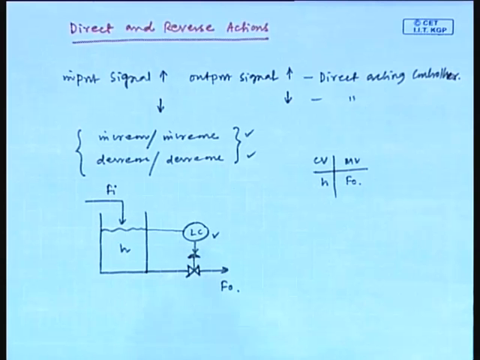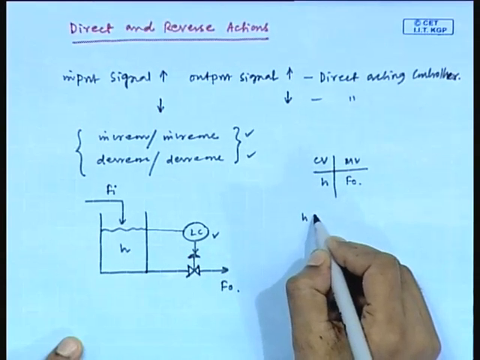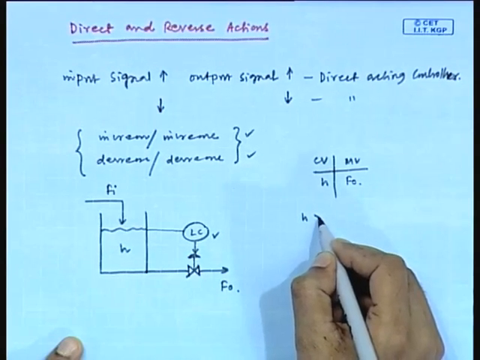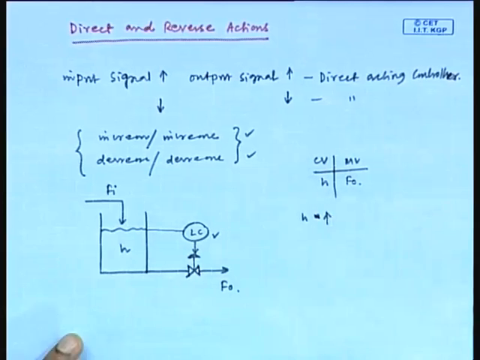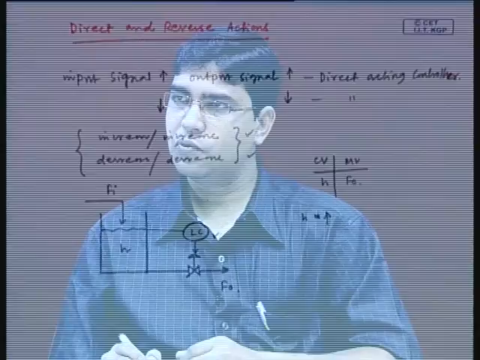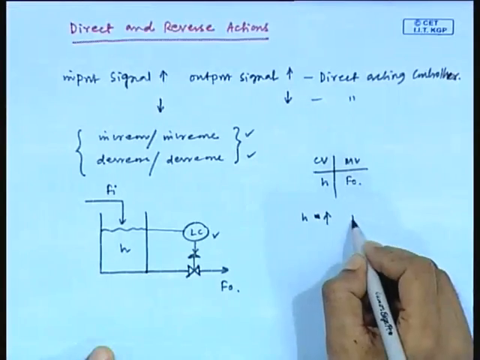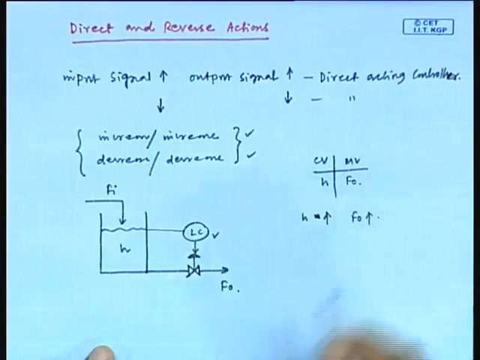Fine. Now, suppose if height increases, what is required to do for the controller? The controller should increase F naught or decrease F naught? The controller should increase F naught to maintain the height at its desired value.